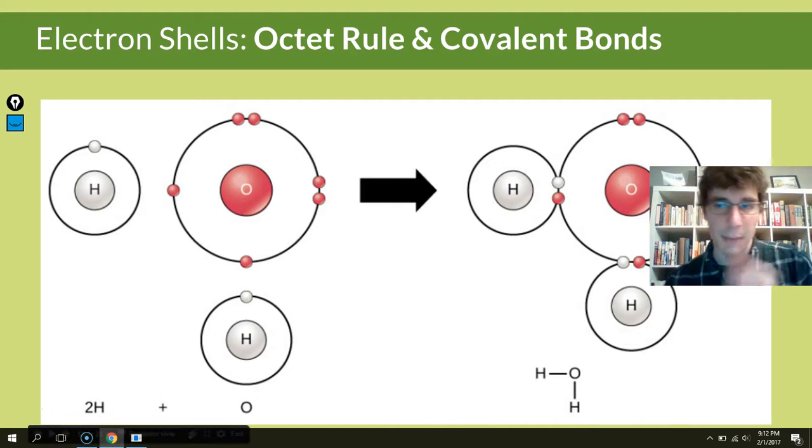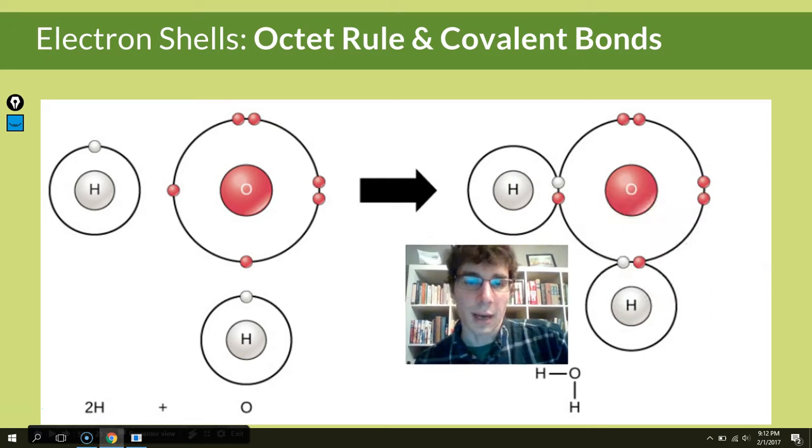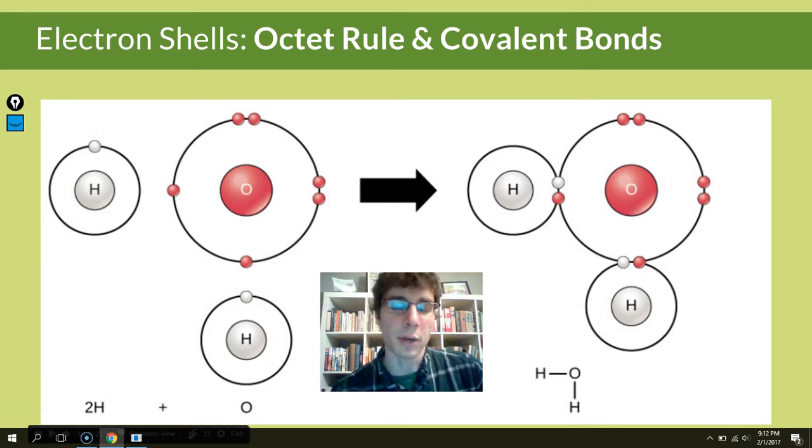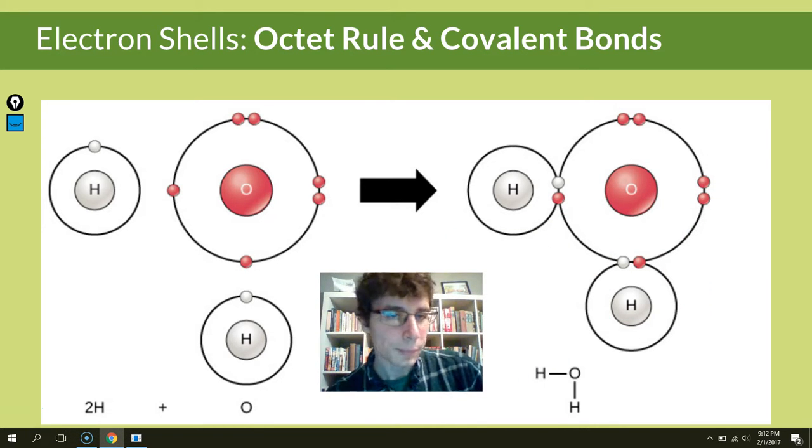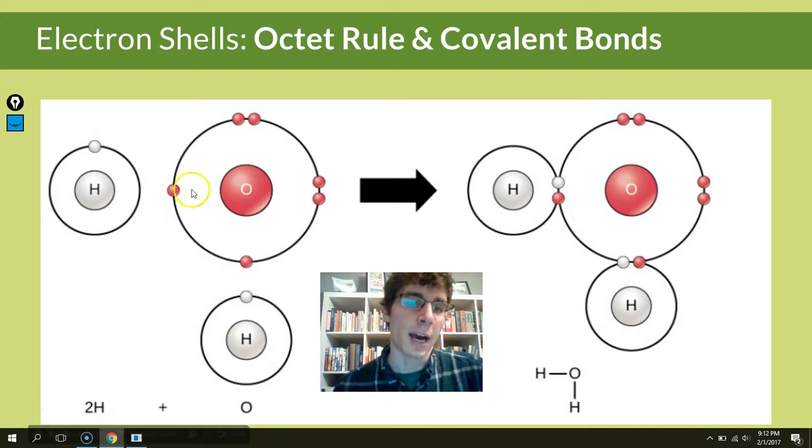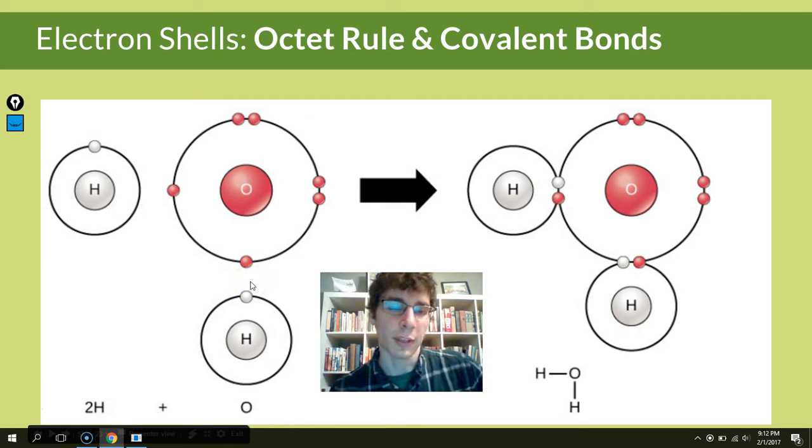Here we're going to look at the same idea, this time with a compound, a special compound to all of us known as water. Again, we've got oxygen, which has 6 electrons in its valence shell, so it's trying to find 2 extra electrons to fill it up to get to 8. In this case, it finds 2 hydrogen atoms, and they each share their 1 electron with it. So 2 electrons are coming in, 1 each from these hydrogen atoms.